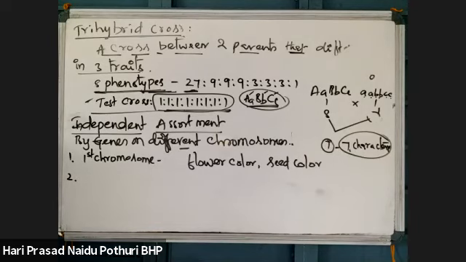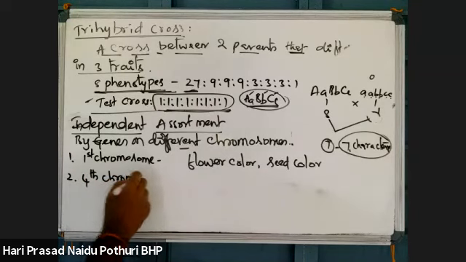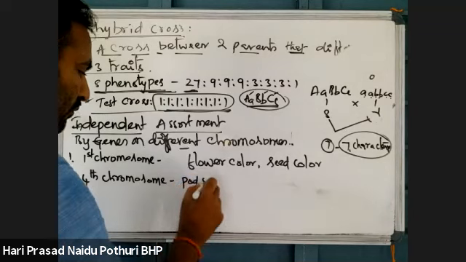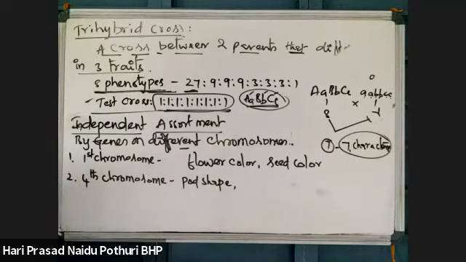And the fourth chromosome carries pod shape. Pod shape means fruit shape, inflated or constricted characters.